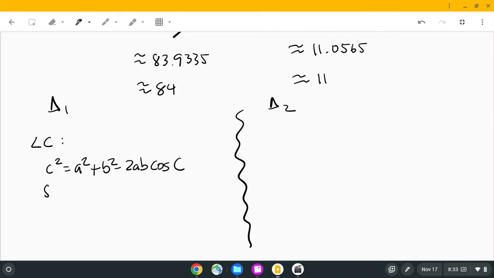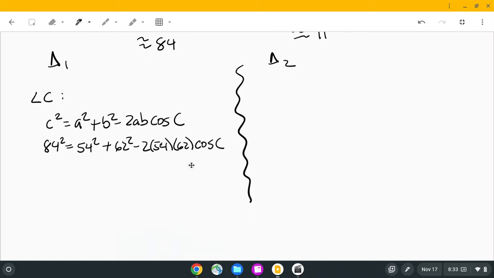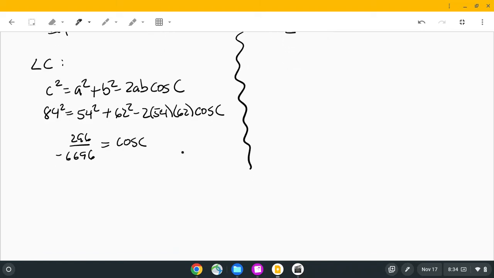So we have 84 squared equals 54 squared plus 62 squared minus 2 times 54 times 62 cosine C. Once you work this all out, you get 296 over negative 6,696 equals cosine C. To solve for C, you then need to take the cosine inverse.